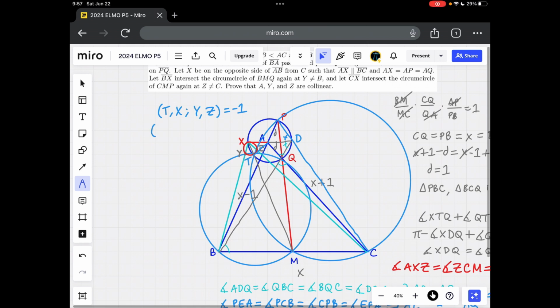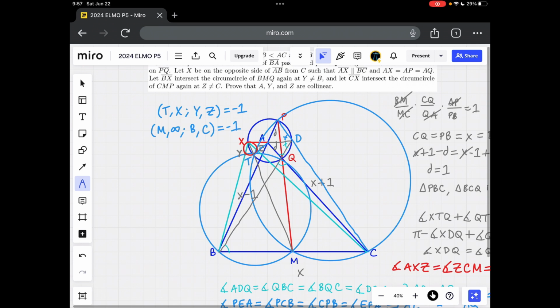If we project onto line BC, XT intersects BC at M. XX, recall that that's simply the tangent to the circumcircle at X, which is line AX, and that's parallel to BC. So they never intersect. And in projective terms, we call that the point at infinity. So M, infinity, and XY intersects BC at point B, XZ intersects it at point C.